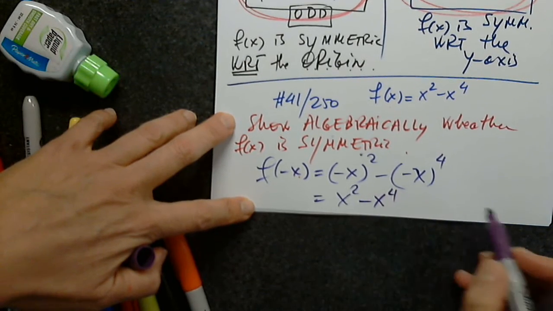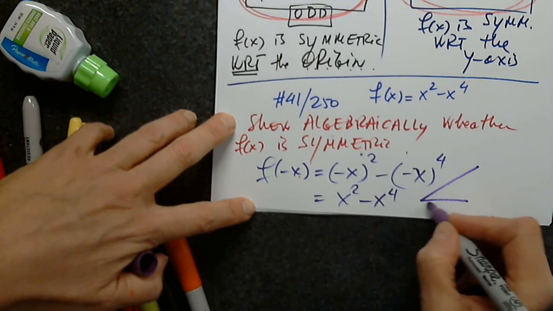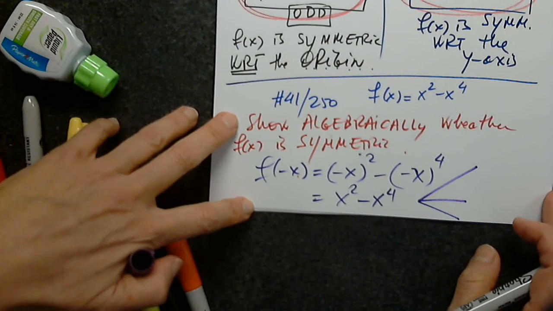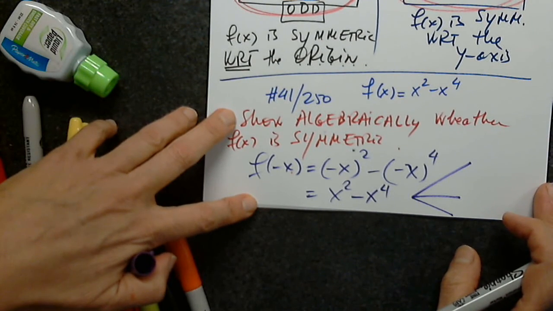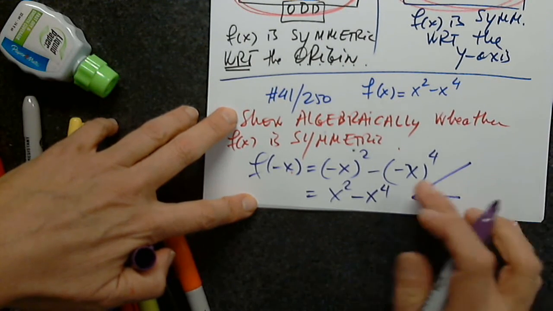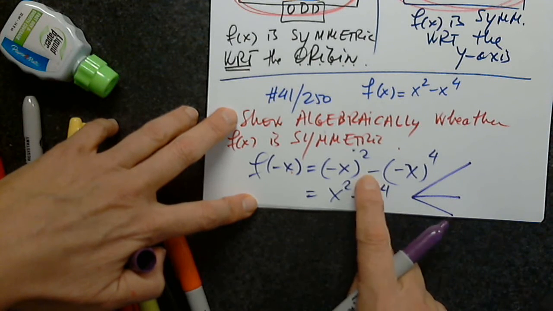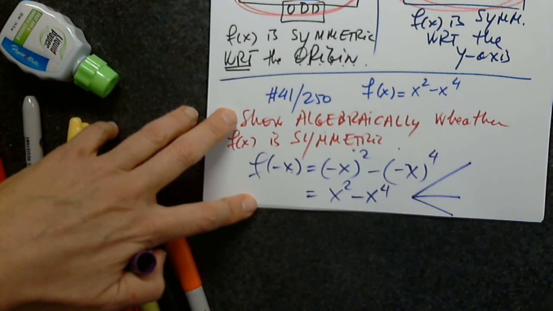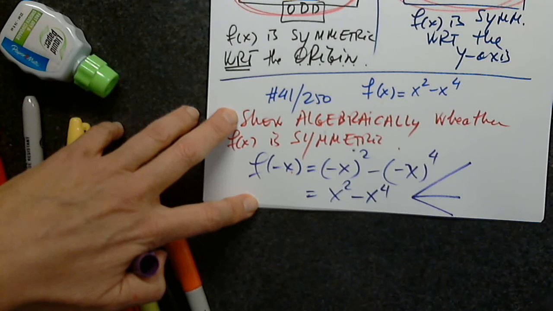So now I have 3 questions to answer. And only one has the answer yes. Is that sign correct? Yes, negative x to the fourth will be x to the fourth with minus in front, has to be negative, yes. Negative x times negative x times negative x times negative x is x to the fourth power. I cannot distribute before I raise to a power.